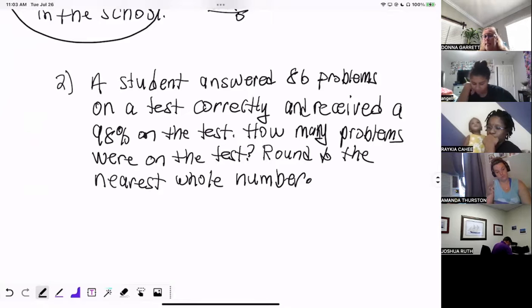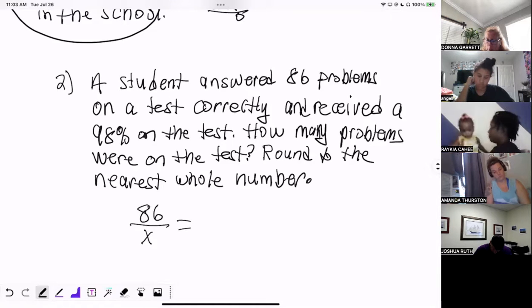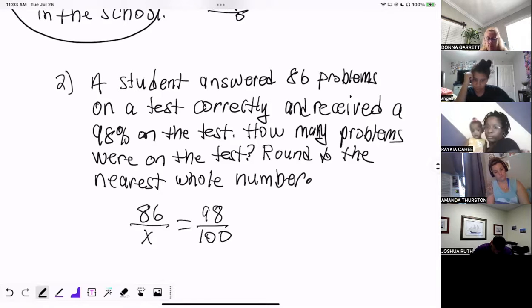So 86 questions he or she got right. That means there had to be more than 86 problems on the test because they scored a 98. So that has to be your part. We don't know how many total questions were on the test, and this person got a 98 out of 100. If you set up that way, you did perfect.